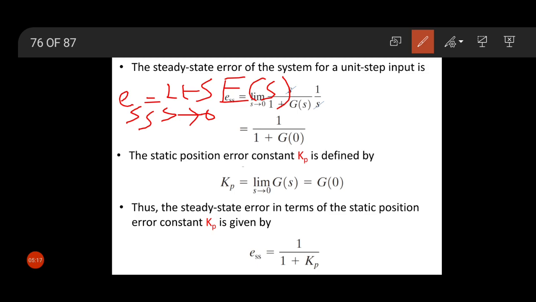After putting this value in the equation, we get s divided by 1 plus G(s) into 1 by s. Clear?